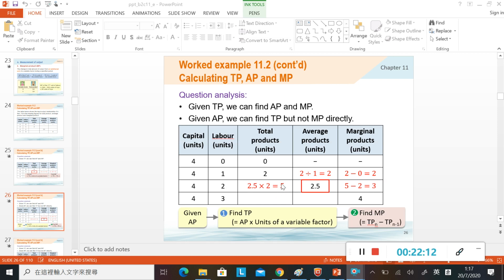佢額外幫你整多咗嗰個，就叫做 marginal product 啦，所以係3。咁所以你逢親計 marginal product，你都要計個 total product 先嘅。Whenever you need to calculate the marginal product, you have to calculate the total product first.